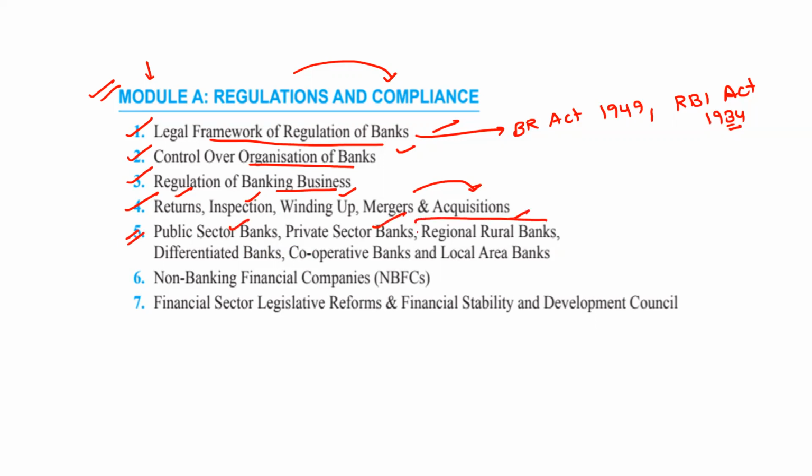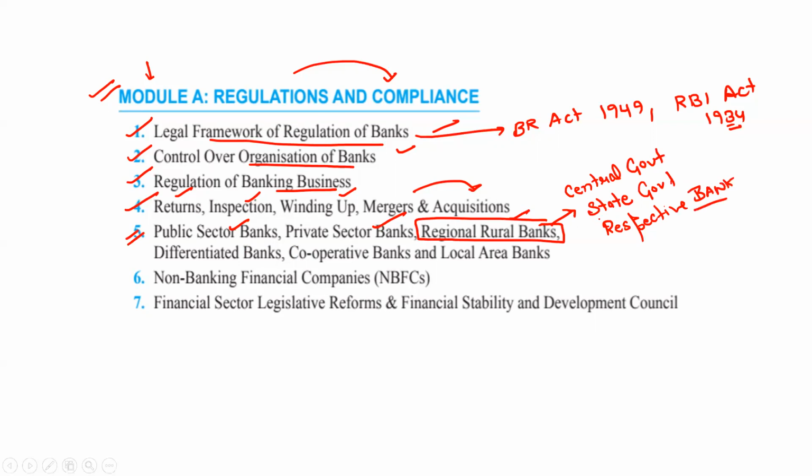Very, very important: you will definitely find a question in the examination on regional rural banks. Like, what is the share of the central government, the state government, and the bank?